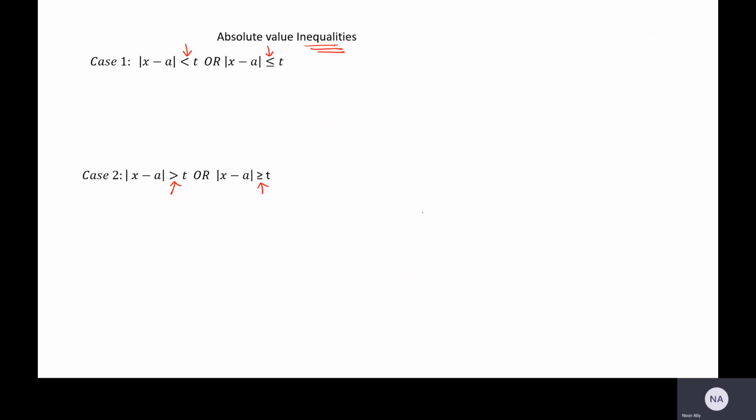Now, I'm not going to look at the actual number line, but just quickly, if we have that as A and X is somewhere over here, then that there would be our T. So we want to find the X here that is less than or equal to T. And of course, it can be on the other side as well.